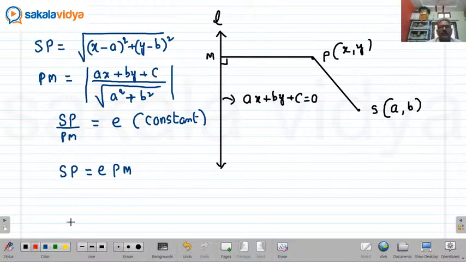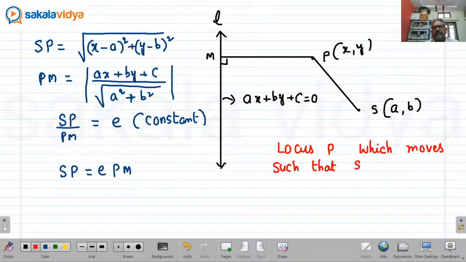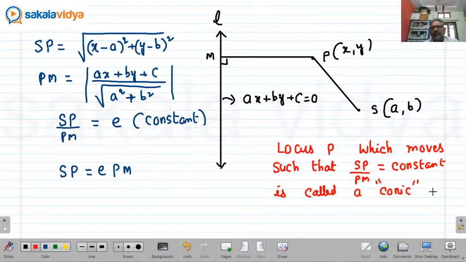That means the locus of P which moves such that SP by PM is constant is called a conic, or we may call it a conic section. This is the definition of the conic section.